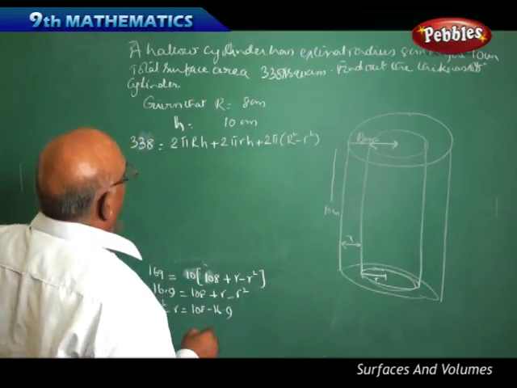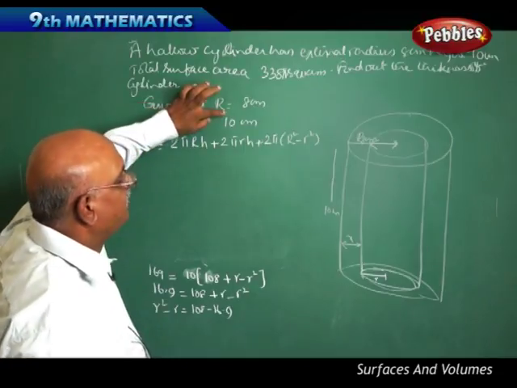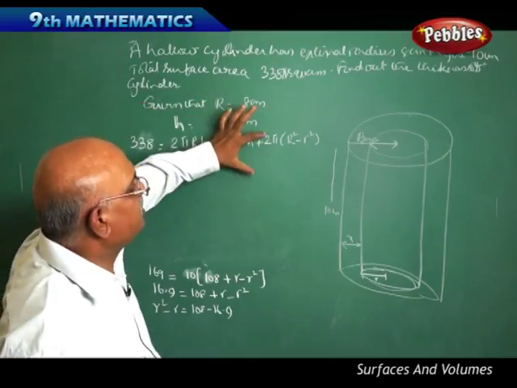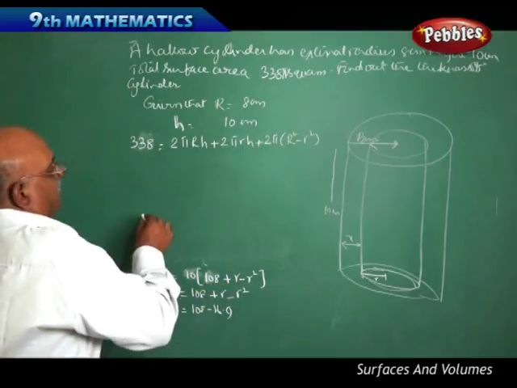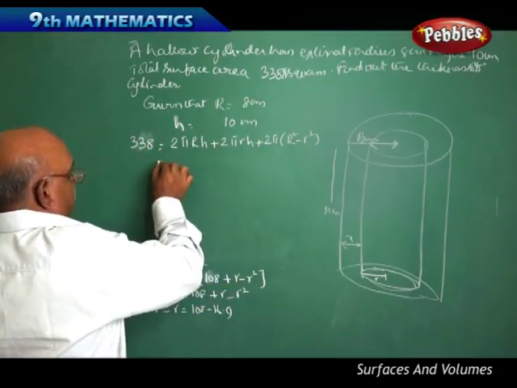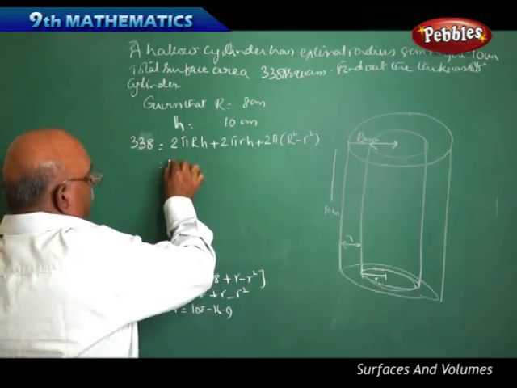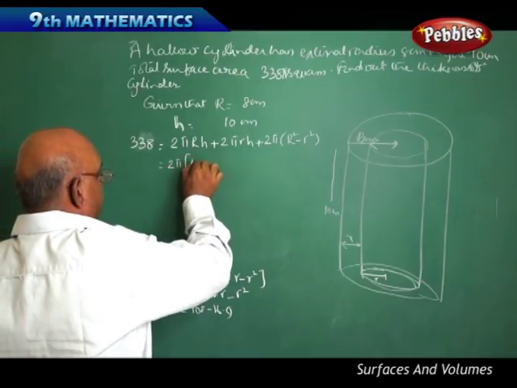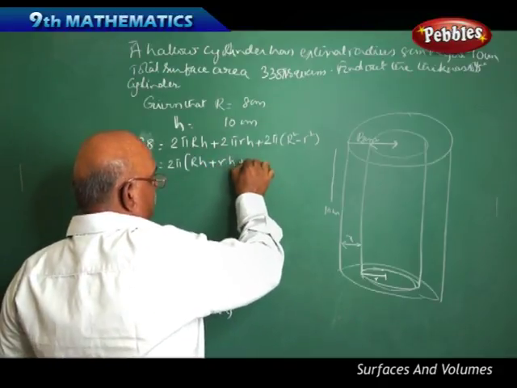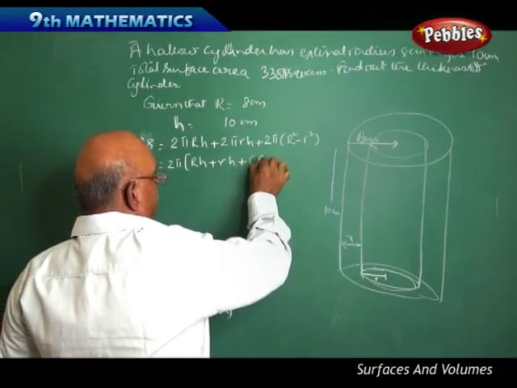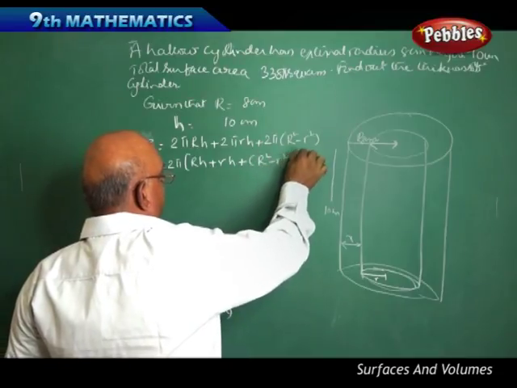Now, h is already given, capital R is also given, because we are going to make use of this result to simplify this one. Therefore, if you take 2 pi as common factor, we get Rh plus rh plus R square minus r square.